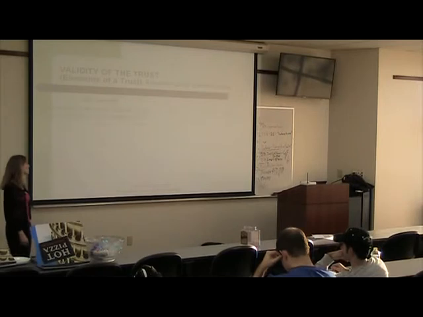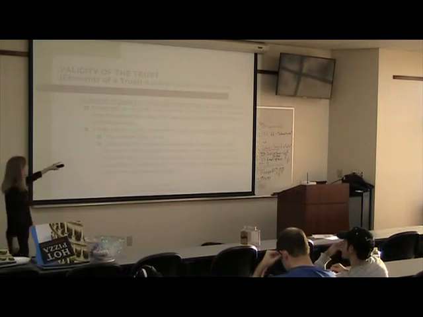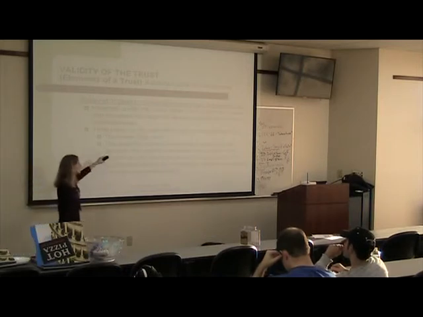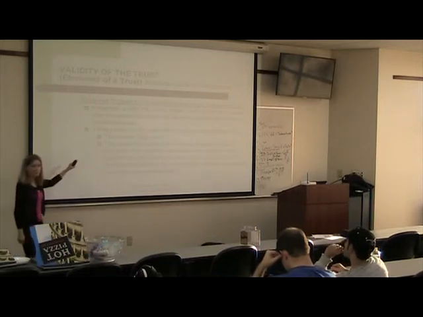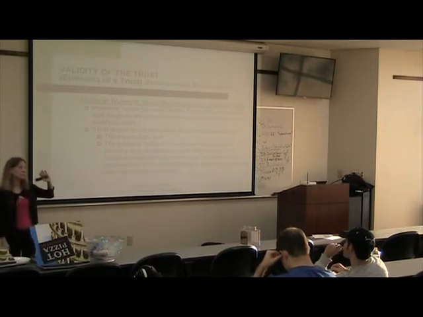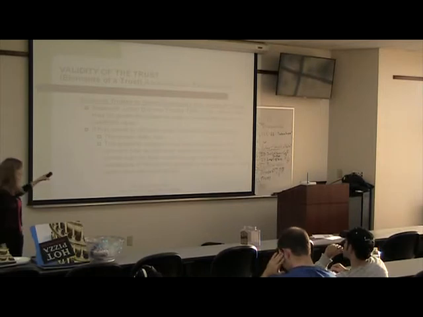So under the current rule, if you have a gift to a class that isn't defined specifically enough, the trustee is given the power, and this is the trustee who makes the choice here.